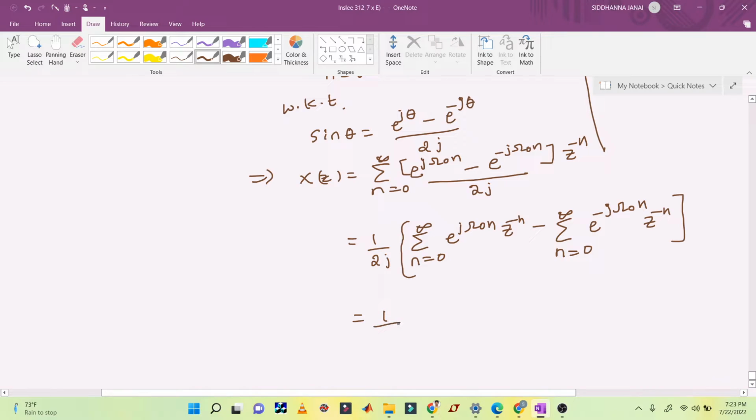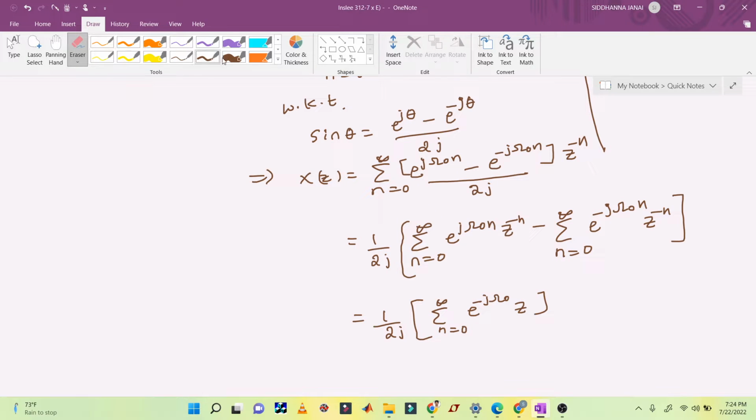Okay, let us now rewrite the above equation in a different form. Summation n is equal to 0 to infinity e to the power j omega naught z inverse to the power n.